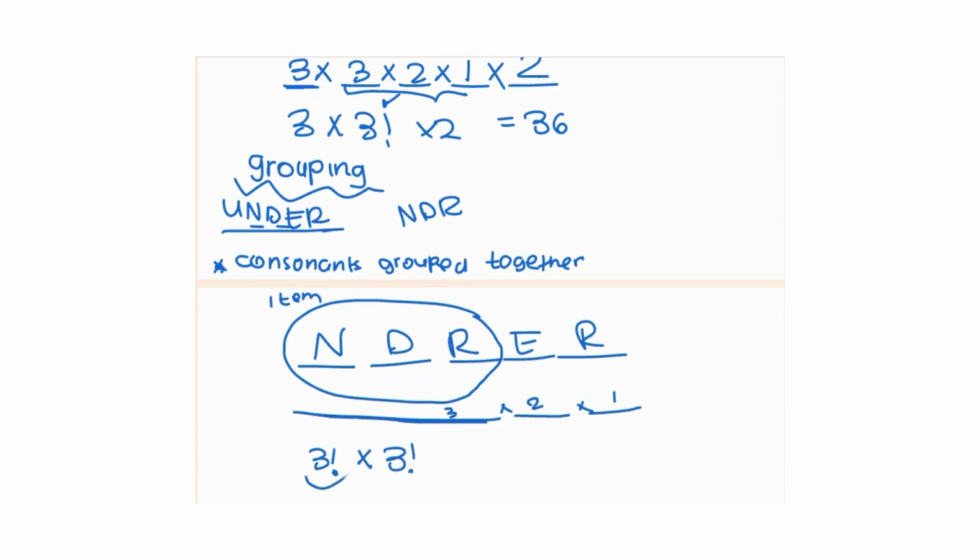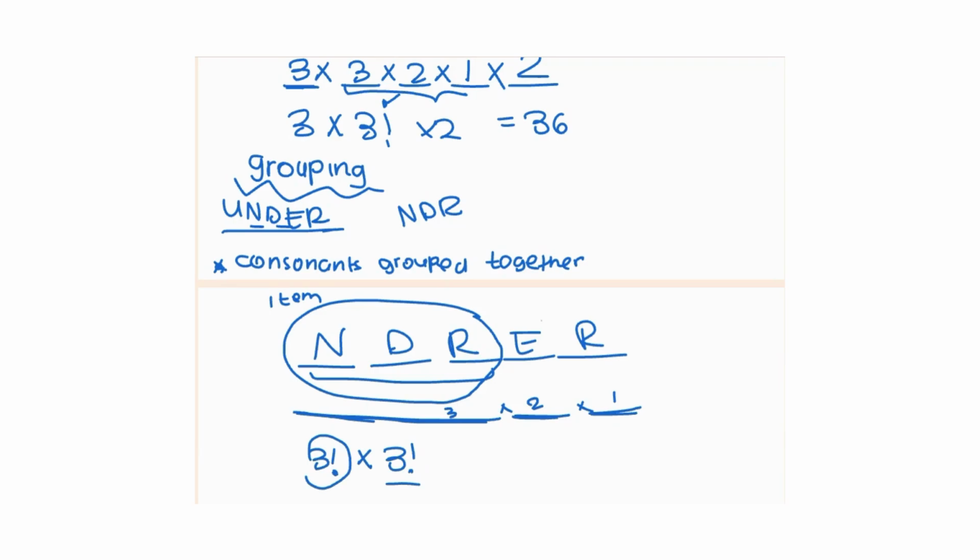So that also takes me to another 3 factorial. The first 3 factorial is for the 3 spaces, and the other 3 factorial is for what you have in there. I have NDR, it's 3 letters that I can arrange in different ways. How many different ways can we arrange them? 3 factorial.